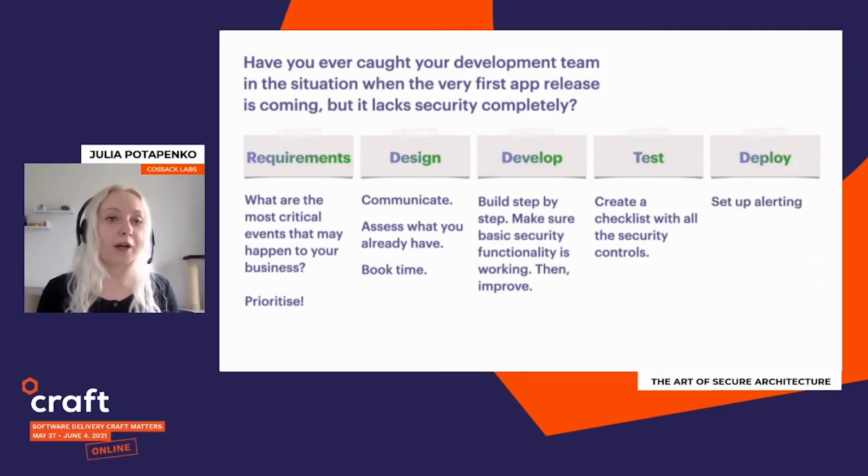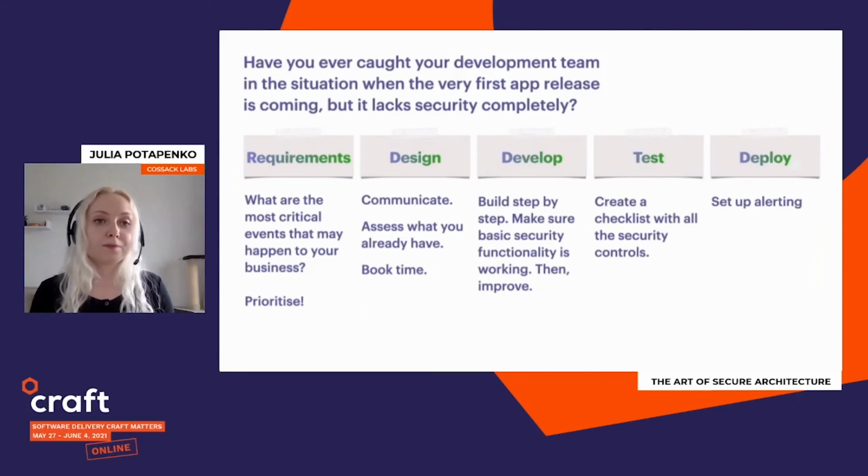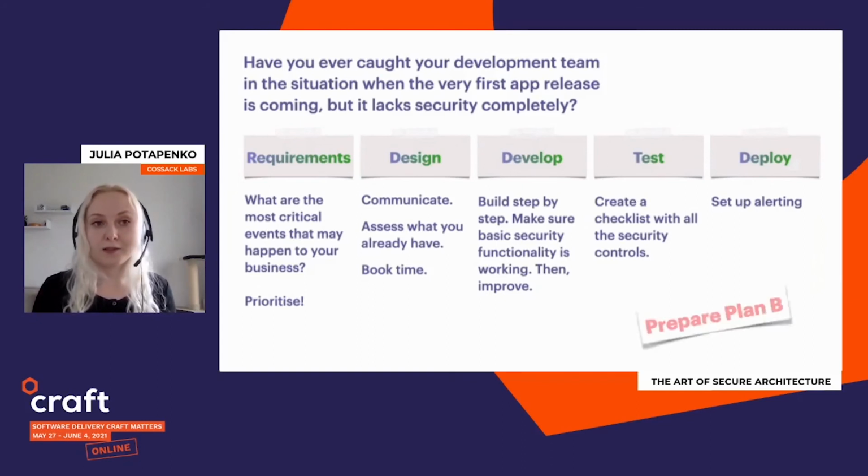If you are aware of some really critical event that may happen, that can cause a lot of damage, it's better to have some alerts to cover this. And you have to prepare a plan B for it.